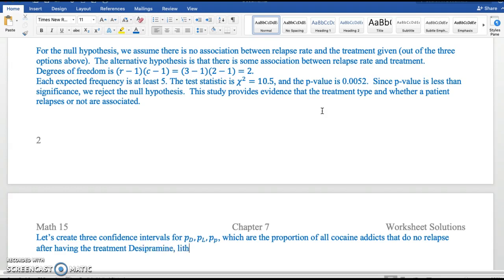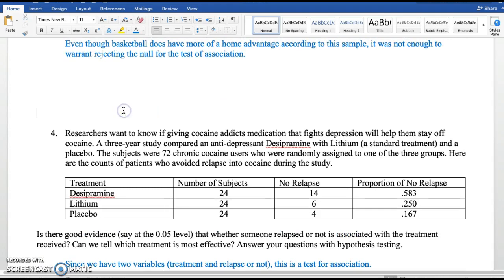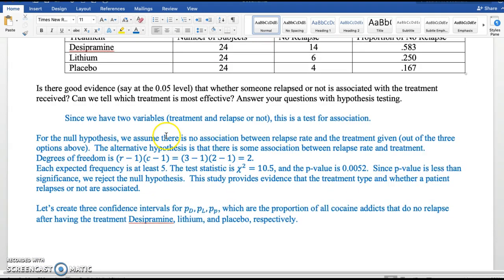Disipramine, lithium, and placebo, respectively. So I think I could put this all on one page so it's easier for you guys to look at. Okay, so I want to create confidence intervals for all 3 of these.